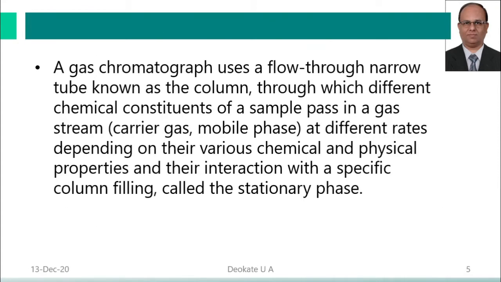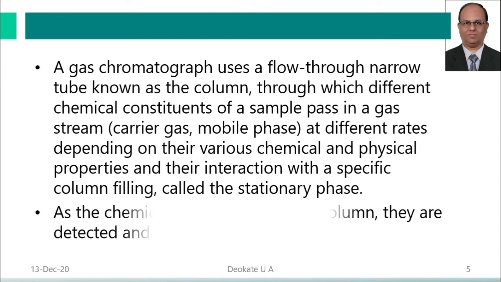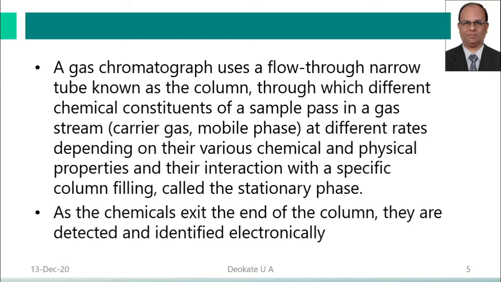Gas chromatography uses flow through narrow tubing known as a column, through which the different chemical constituents of a sample pass in a gas stream, called the carrier gas or mobile phase, at different rates depending upon their chemical and physical properties and their interactions with the specific column filling, called the stationary phase. As the chemicals exit the end of the column, they are detected and identified electronically.